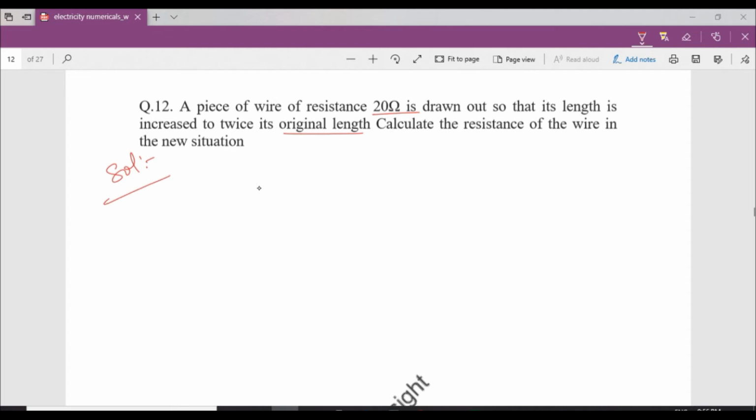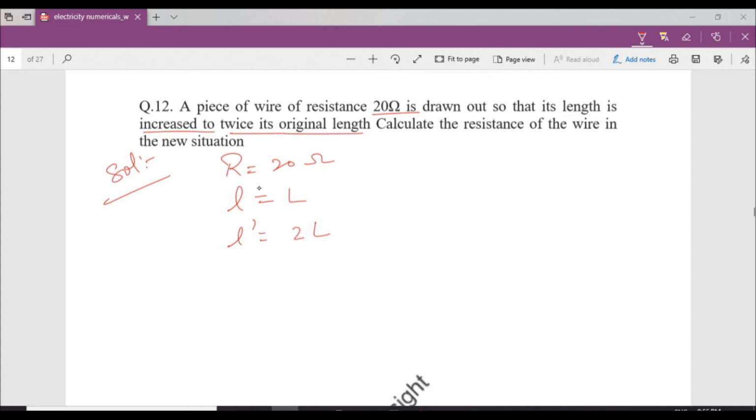Okay, so the piece of wire has resistance 20 ohm and is drawn out so that its length is increased to twice its length. So the initial length we consider as capital L, and the new length, as it is increased, we consider as 2L.